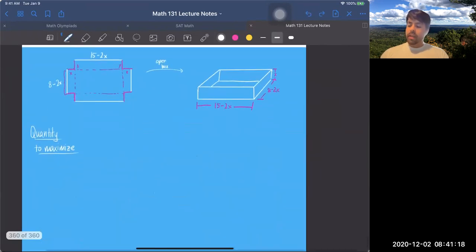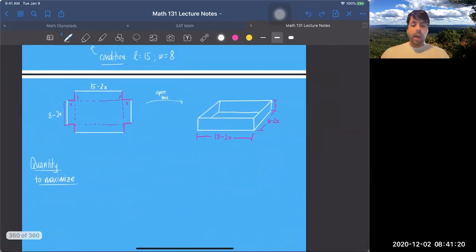I want to find the dimensions that maximize my volume. So I want to maximize my volume. How do you find the volume of a rectangular box? Length times width times height. What's my length? What's my width? What's my height?